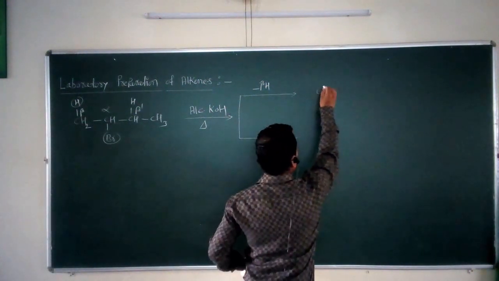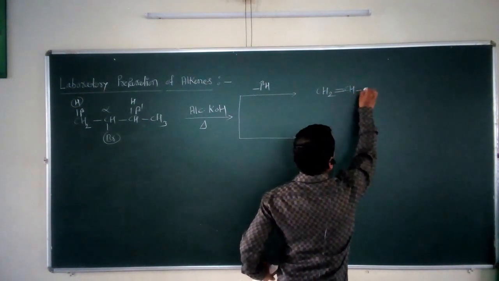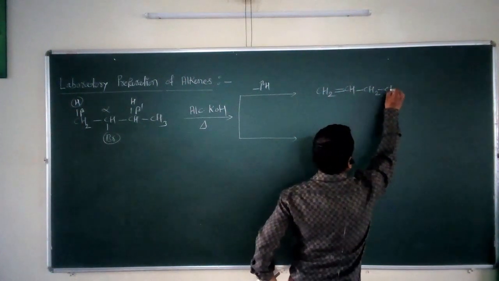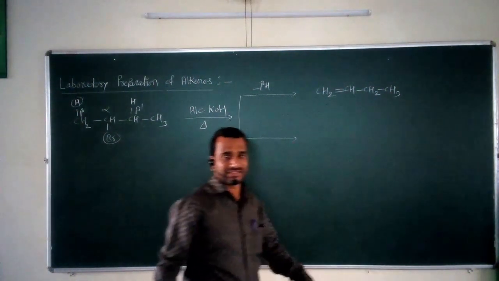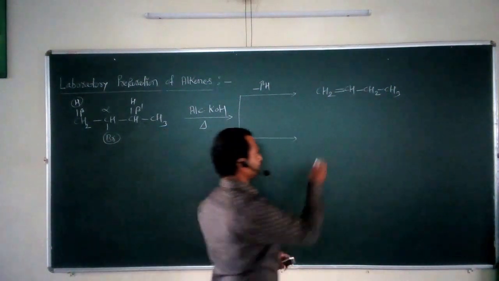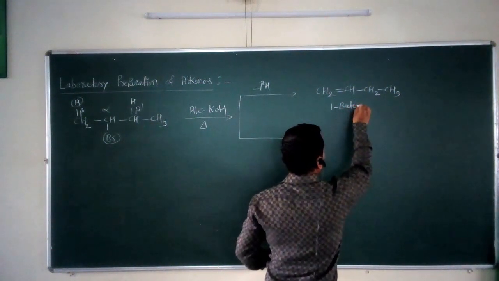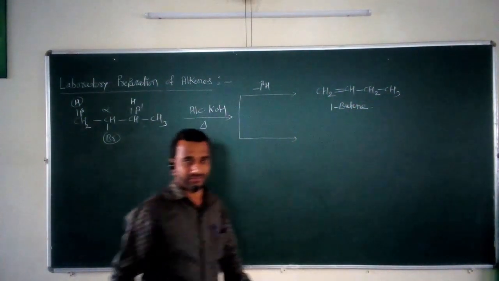That product is CH2=CH-CH2-CH3. This type of product formation takes place, and this is nothing but 1-butene.